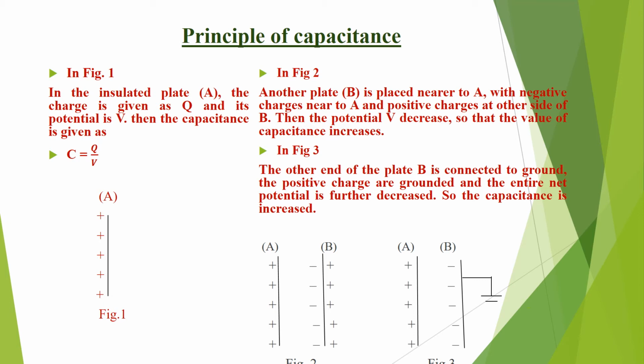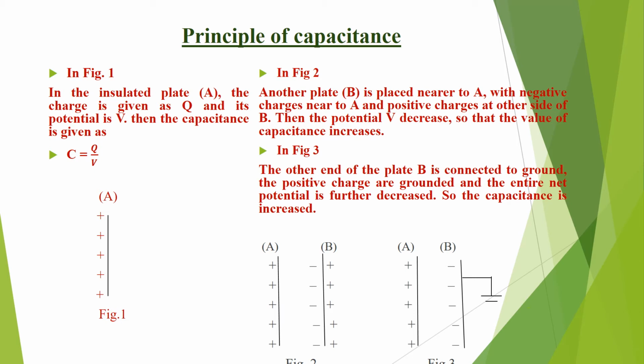In this case, the potential starts to decrease because the negative charges are placed towards A and the positive charges are away from A. So the potential difference decreases, which means the value of capacitance automatically increases.